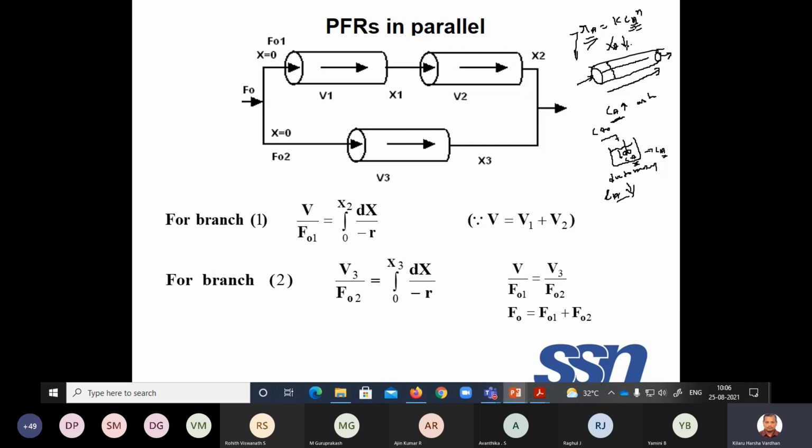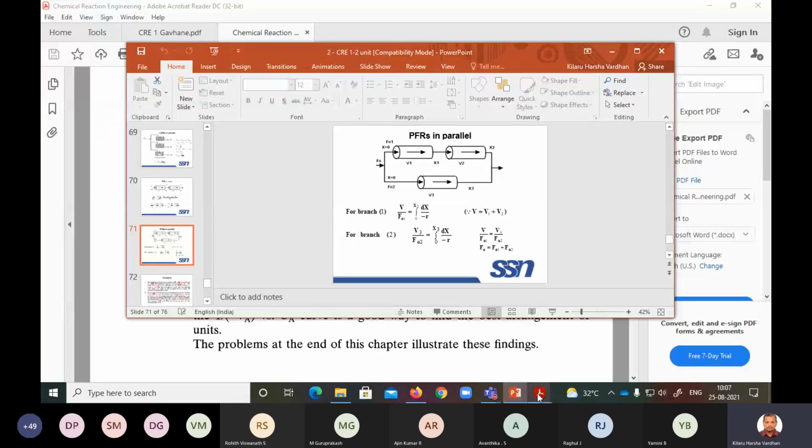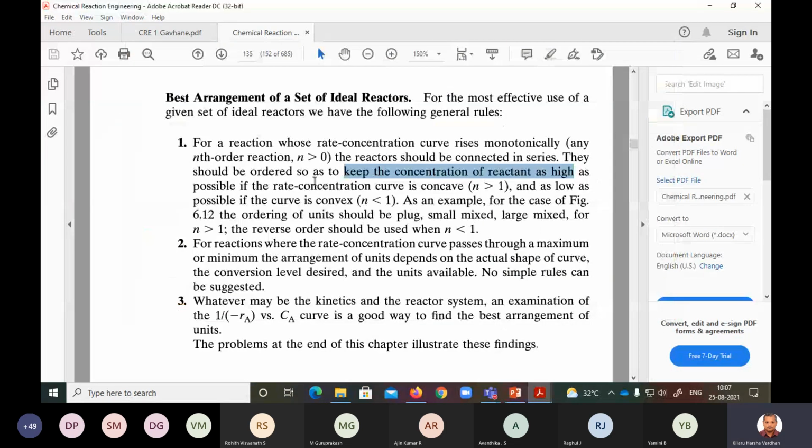So it depends on your rate curve. That is what I am showing you there. If the rate curve is concave, where n is greater than 1, then you have to keep your reactant concentration as high as possible.